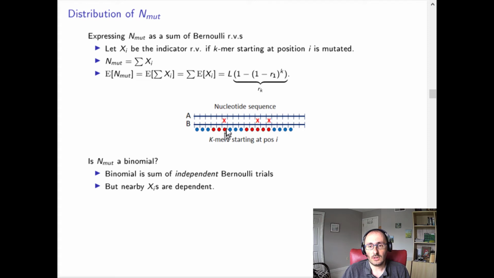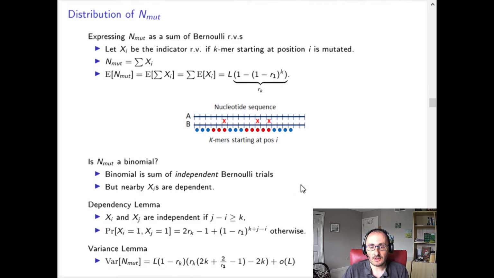If I know here that I am mutated, it increases the chance that my neighbor is mutated. However, xi's that are far away are independent. And we can capture this notion in this dependency lemma, where we formally write down what the dependence is and what far away means.